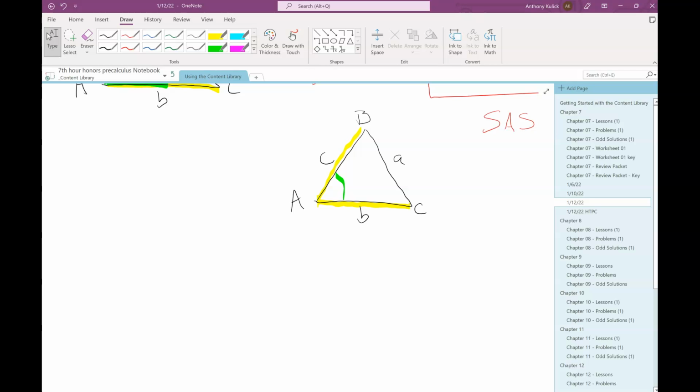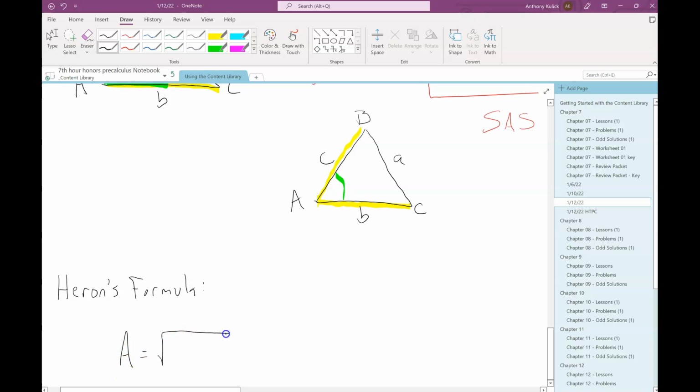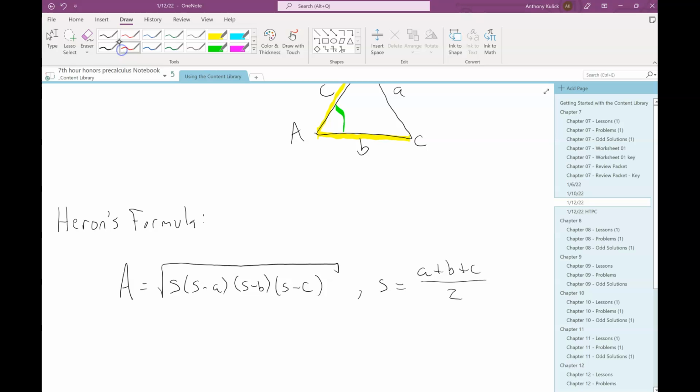Our other option, there's another version of this same area formula. It's called Heron's formula. And it says that the area is equal to the square root of S times S minus A times S minus B times S minus C, where S is the quantity A plus B plus C, all divided by 2.